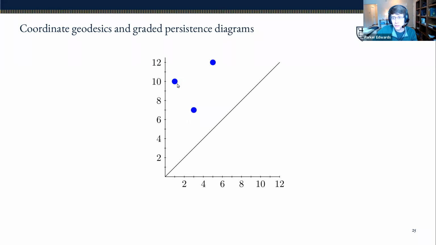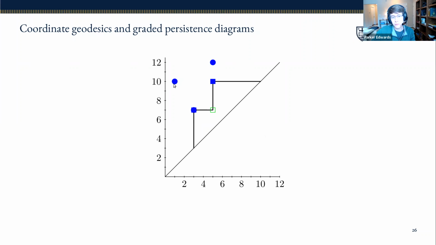So I'm going to look at this persistence diagram, and also the graded persistence diagram. The one I'm going to look at is the second, and it's going to look like this. I've drawn in the black lines. The black lines are technically not part of the graded persistence diagram. They're just representing something about the landscape, but I find it easiest to visually track what's going on when you draw these in.